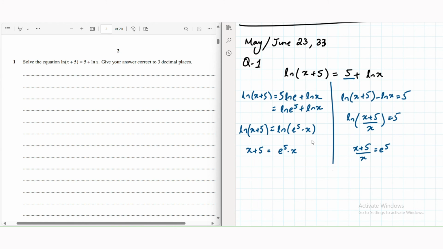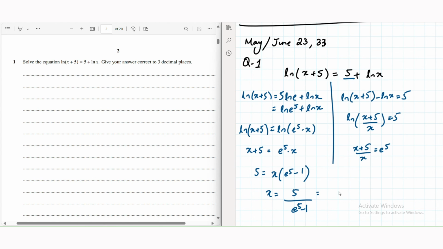Now, what we need is to take the x expressions on one side. So 5 equals e raised to power 5 x, sorry, no, x times (e raised to power 5 minus 1). And then finally, x would be 5 over (e raised to power 5 minus 1).